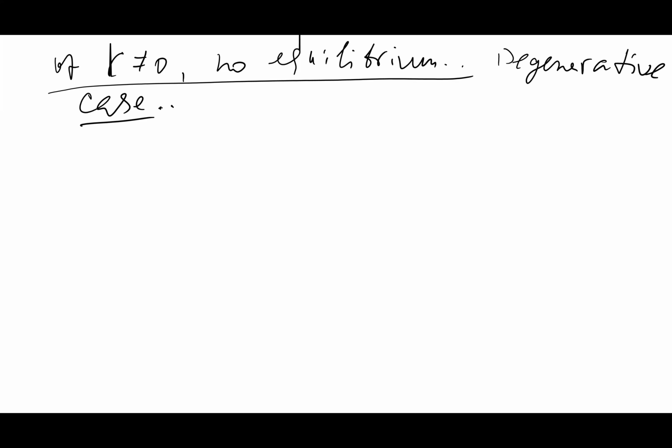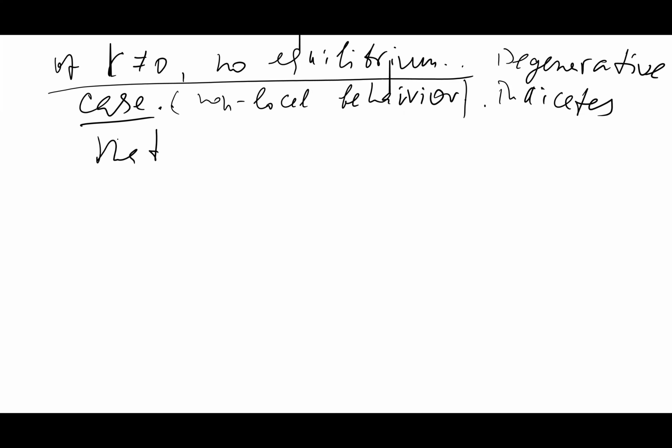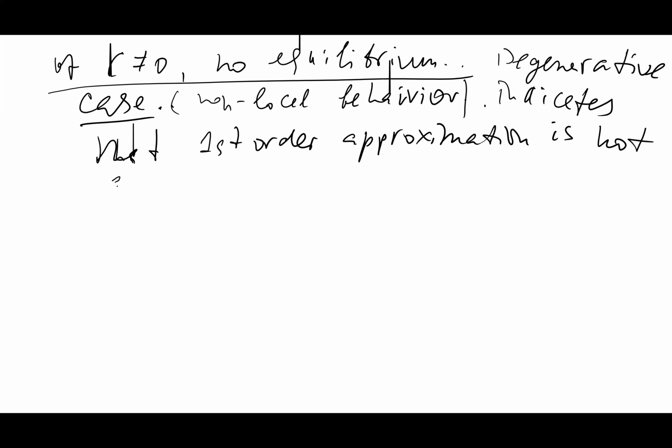So we have either infinitely many equilibria or none. This is called non-local behavior, and this indicates that the first order approximation is not appropriate.